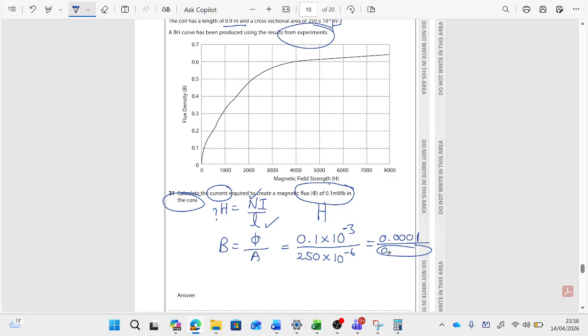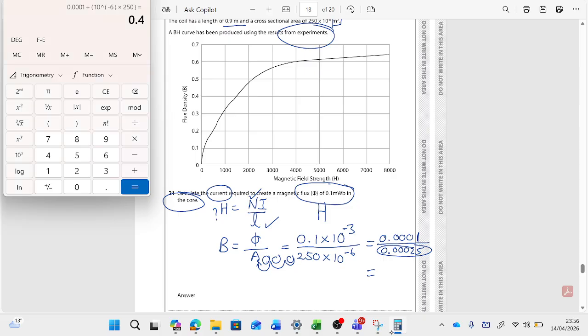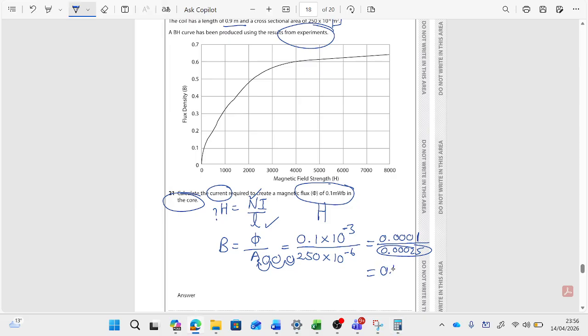So it's 0 point, 1 2 3 4 5 6, that way it makes it easier to do. So 0.00025, and that gives me the answer 0.4, which I remember in the exam, and it's Tesla. Okay, remember B for Tesla.